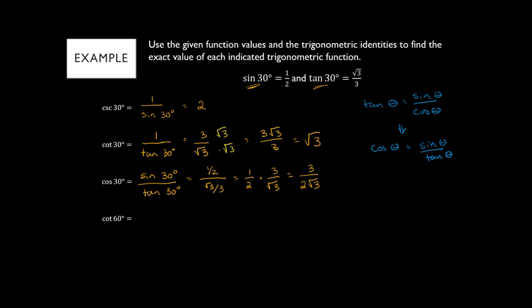And then we need to rationalize the denominator by multiplying by the square root of 3 on the top and the bottom. That gives us 3 times the square root of 3 over, and then square root of 3 times square root of 3 is 3. 3 times 2 is 6, which then we reduce to the square root of 3 over 2.